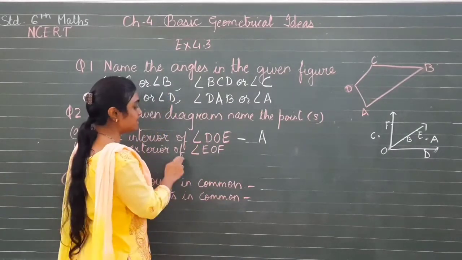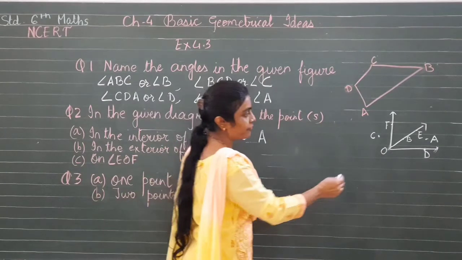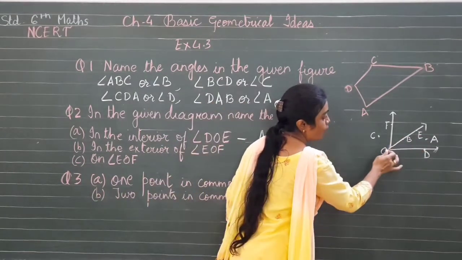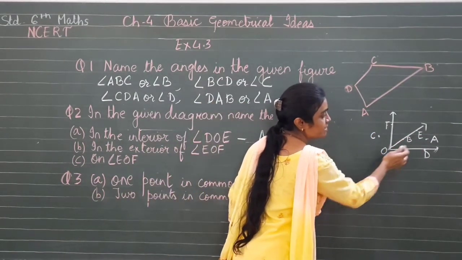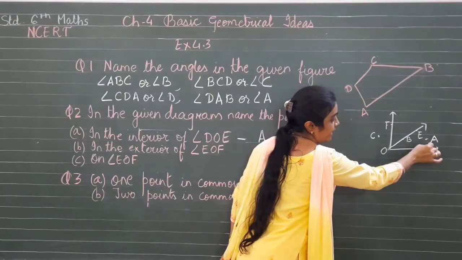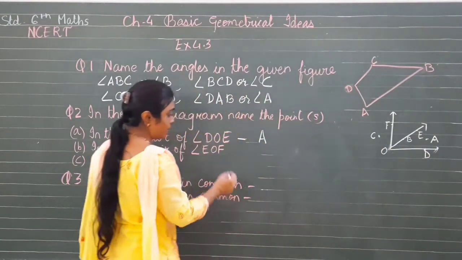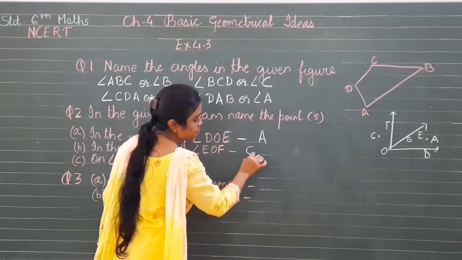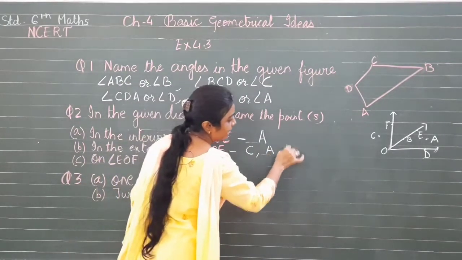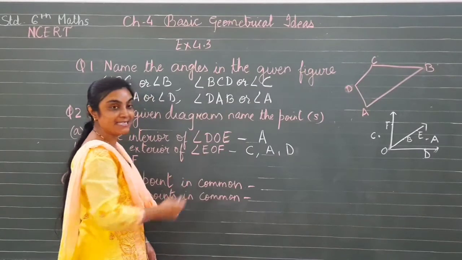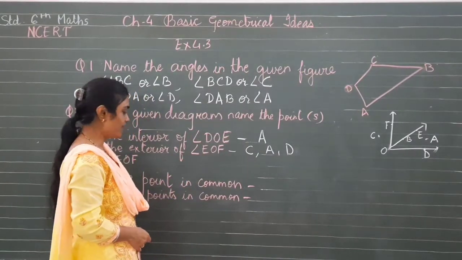Second, in the exterior of angle EOF. This is angle EOF. So the points which are exterior, point A, point D and point C, they are exterior of angle EOF. So C, A and D are on the exterior of angle EOF.